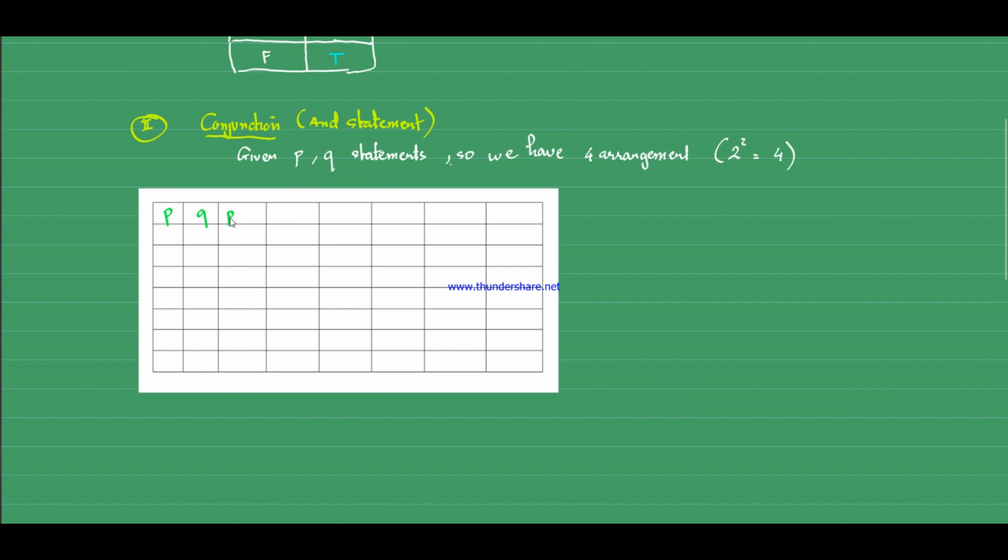So you have P intersect Q. There you go. So we have a total of 4 arrangements, because each simple statement has 2, so we might have something with 2 and 2. Let's use a different color.